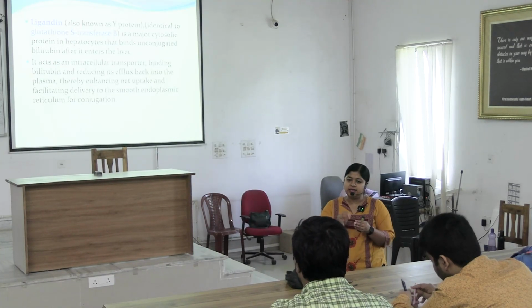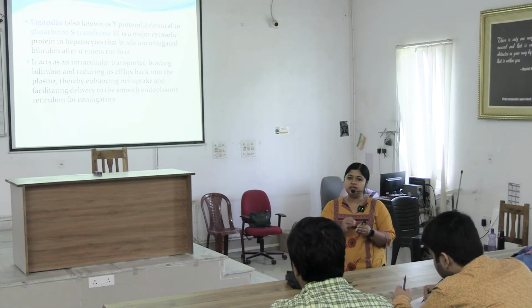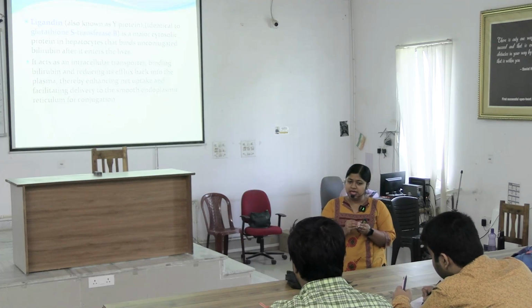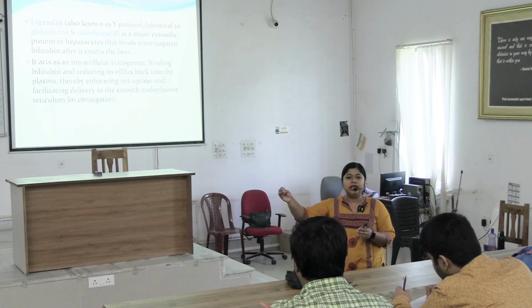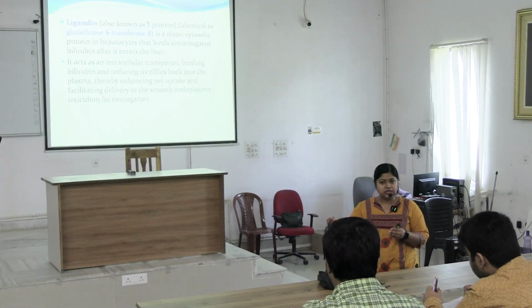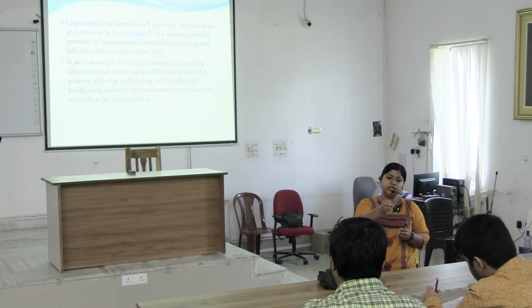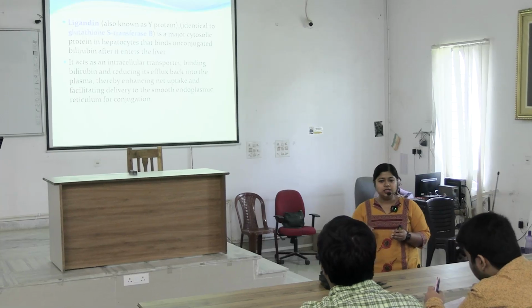So to carry that unconjugated bilirubin from the cell membrane to the endoplasmic reticulum where the conjugation occurs, it requires another transporter. Albumin is a larger protein. It carried the unconjugated bilirubin from the reticuloendothelial cells to the sinusoids of the hepatocytes.